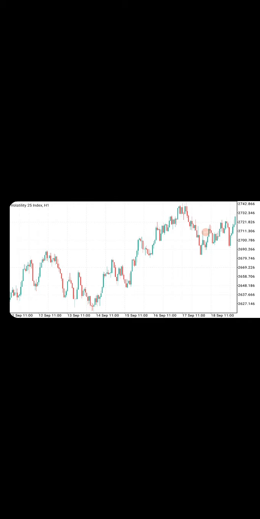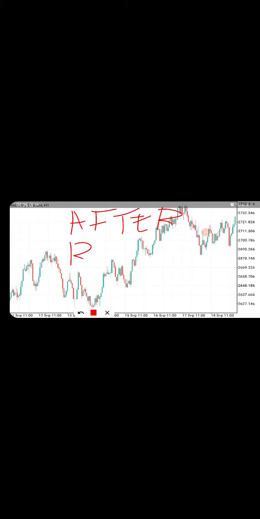After a range, now you know what range means, right? After a range, there is a trend. After a trend, there's a range. Allow me to write it for you. After range, you have what?